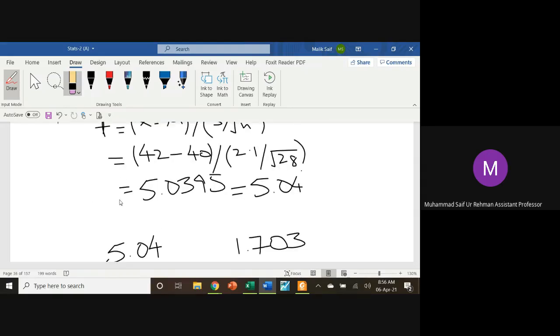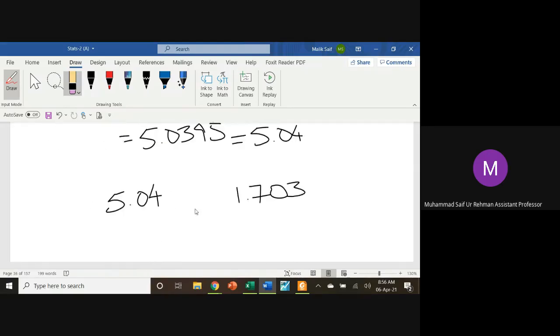So now you may see which value is larger out of these two. This is t calculated, and this is t tabulated. So this value is greater.